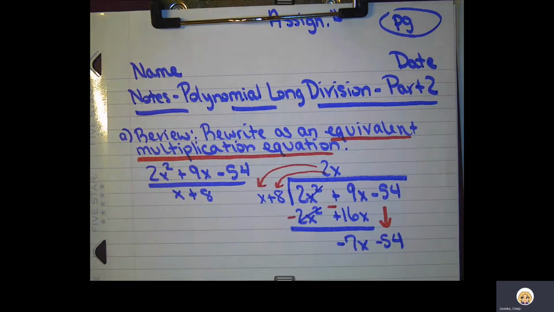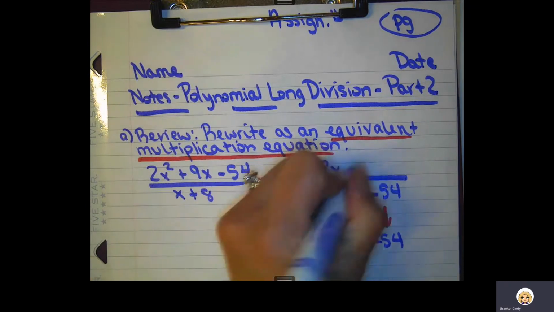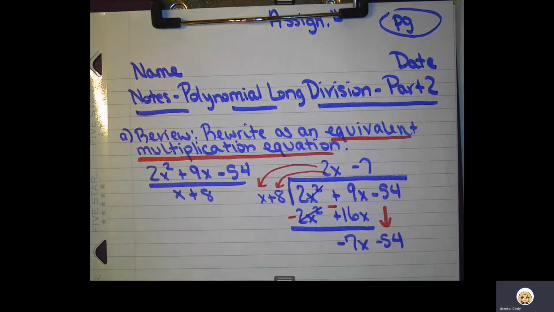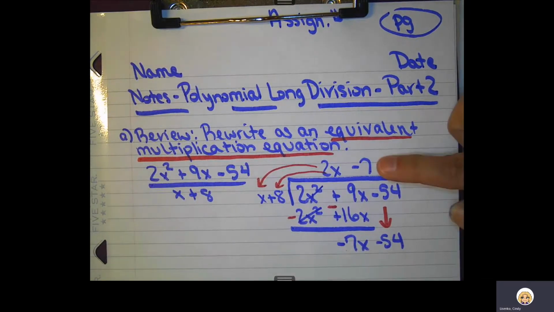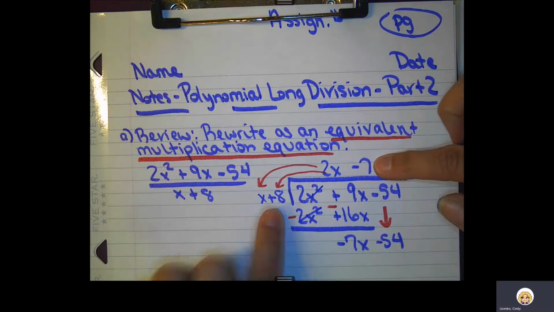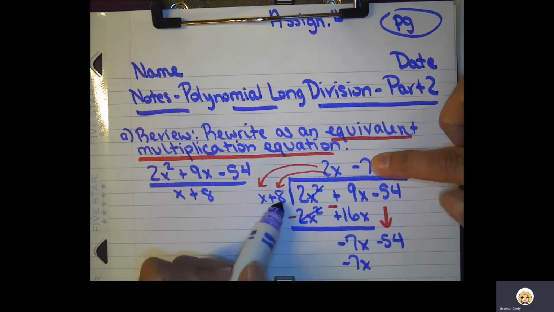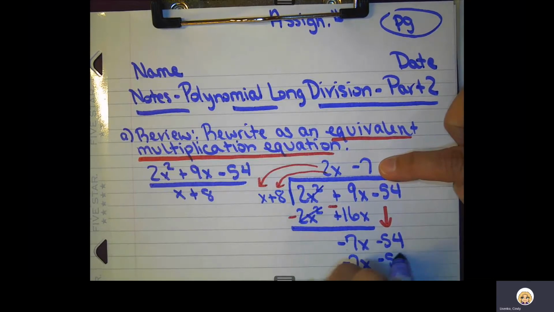Now we say to ourselves, what times x gives us the first term, negative 7x? Well, that would be a negative 7. So up top, we're going to put a minus 7. Then what we do underneath is we're going to multiply the x plus 8 times what we just wrote, negative 7. So x times negative 7 is negative 7x. 8 times negative 7 is negative 56.